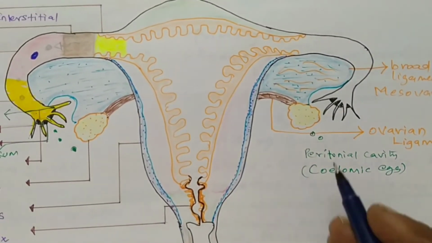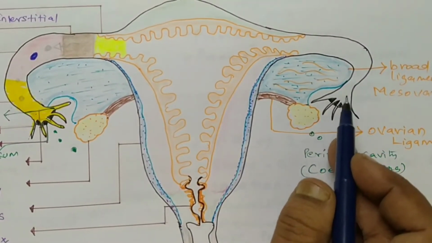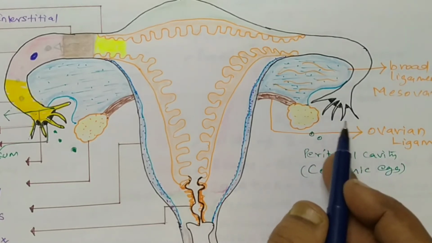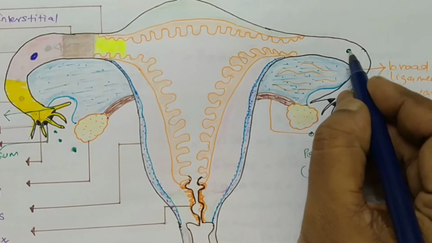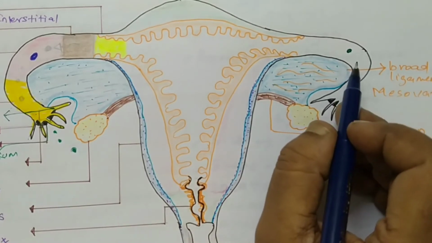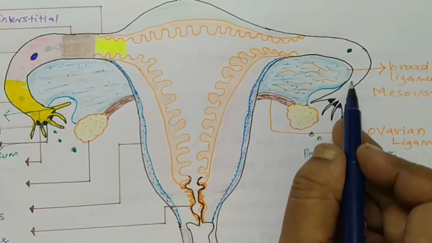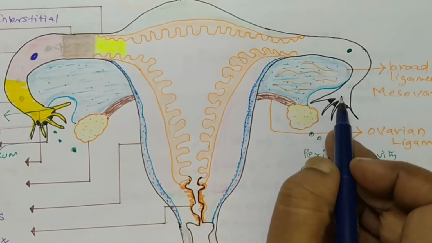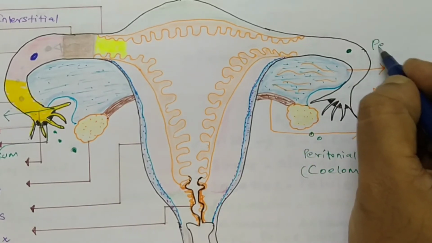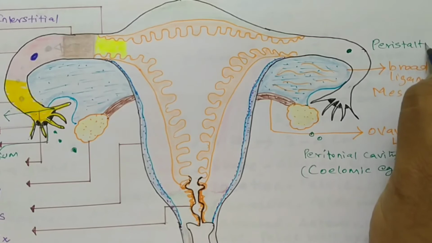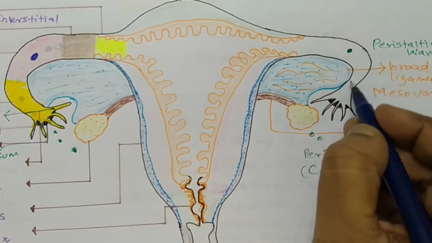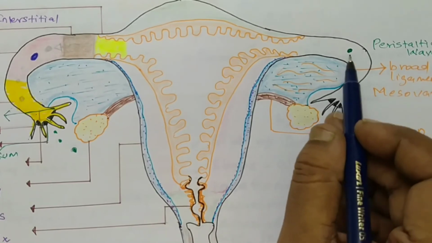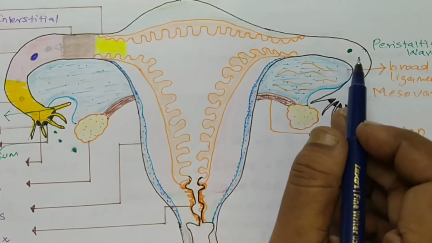Now slowly that egg enters the fallopian tube, collected by the fimbriae. The egg enters the fallopian tube and reaches the ampulla part for fertilization. The movement of the egg within the fallopian tube is by peristaltic wave action of the wall of the fallopian tube.